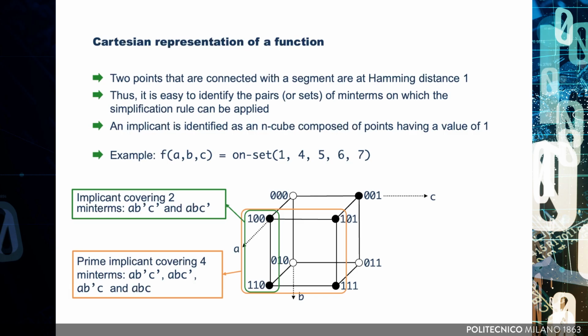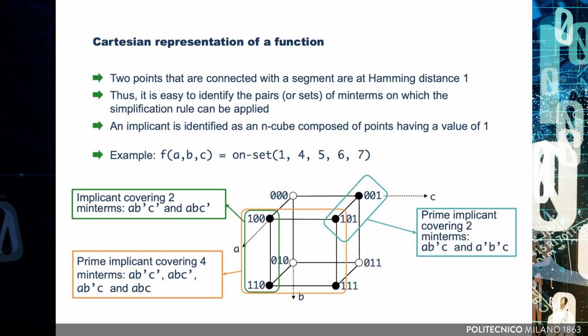We can see that this 2 cube cannot be further expanded. Therefore, it represents a prime implicant. Here is another prime implicant that covers 2 minterms. Finally, we notice that the point 101 is shared between the 2 identified prime implicants. This means we have implicitly applied the idempotence property.